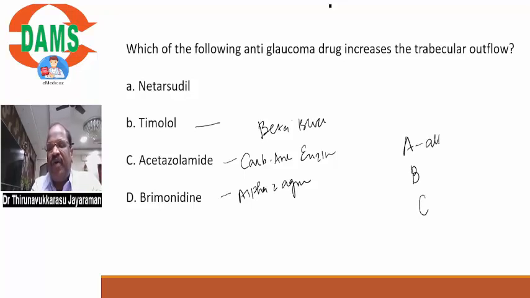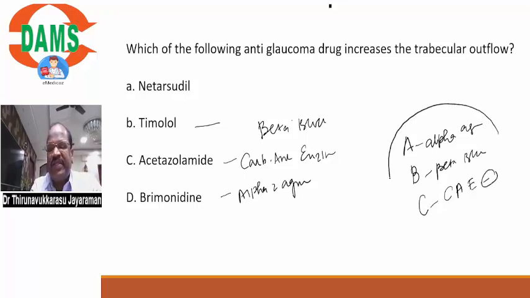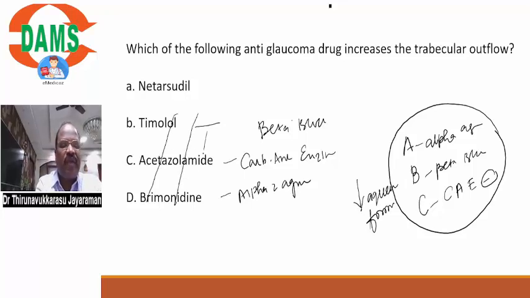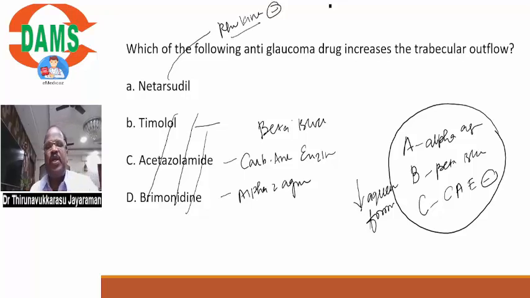A for alpha agonist, B for beta blocker, C for carbonic anhydrase enzyme inhibitors. These three classes of drugs act by decreasing aqueous formation. So these are ruled out. Netarsudil is a Rho kinase enzyme inhibitor. It is useful for glaucoma, promoting drainage via the trabecular route. So the answer for the question is option number A.